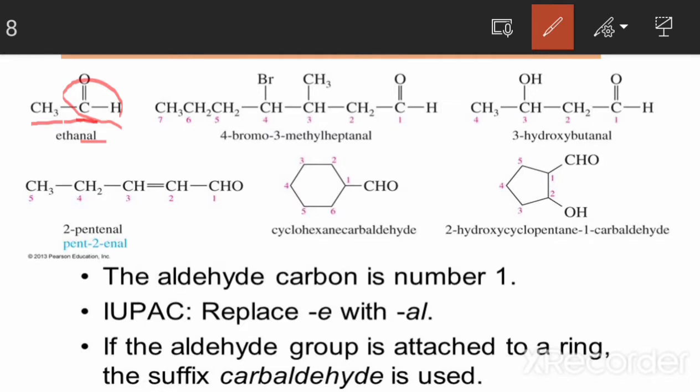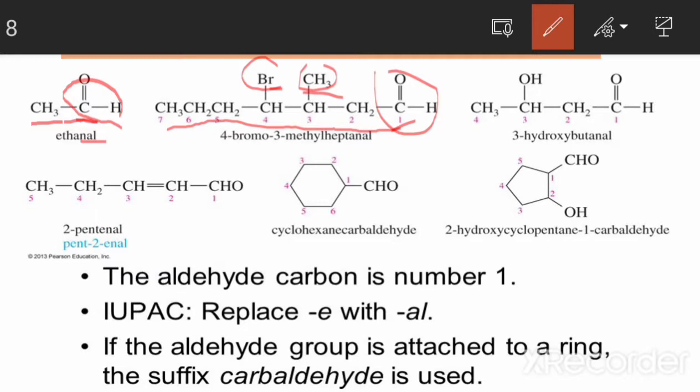The other example is a long chain of seven carbons, on which two groups are attached, and this will be the aldehyde group. So this carbon will be numbered as first carbon of the chain, and these are the substituents attached on the chain.